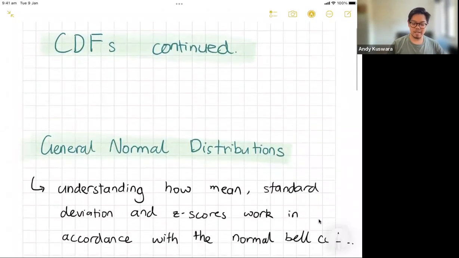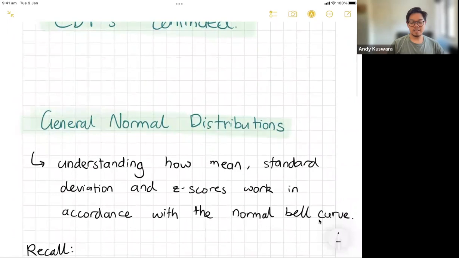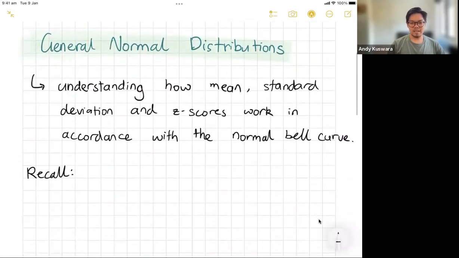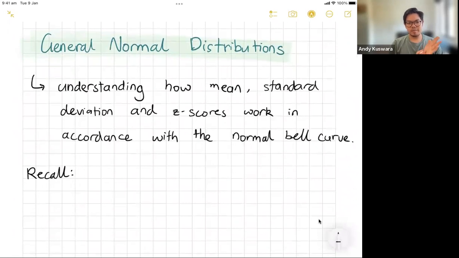Okay. So we're still doing continuous distribution probabilities, and we are still talking about general normal distributions. So we've talked about normal distributions and it's more or less the same.